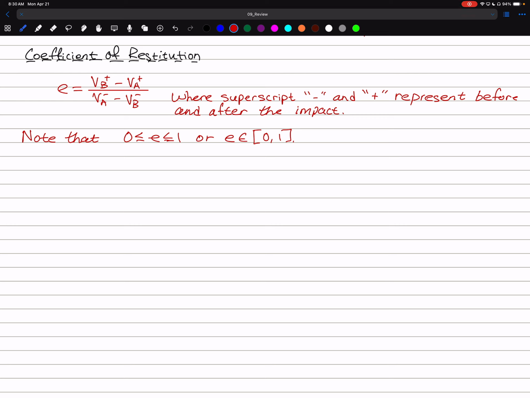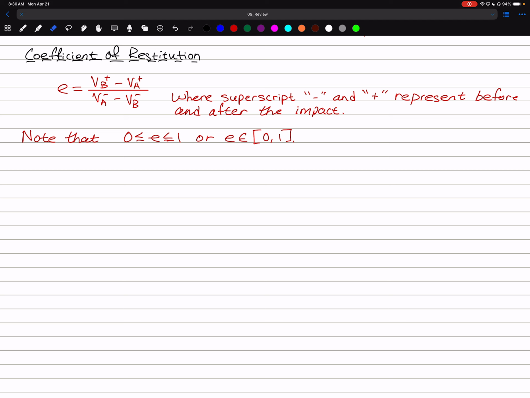When e is equal to 0, we have what we call plastic response. Energy is not conserved. The only way e can be greater than 1 is if there's some stored energy in the system that is then released as a result of that impact. So if there's a spring compressed and then the impact causes that spring to release, that would be a case where you'd have an e greater than 1.